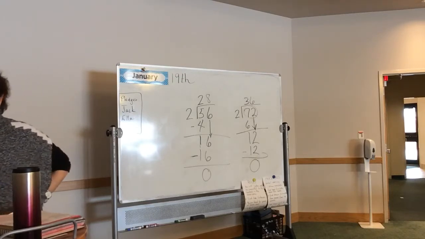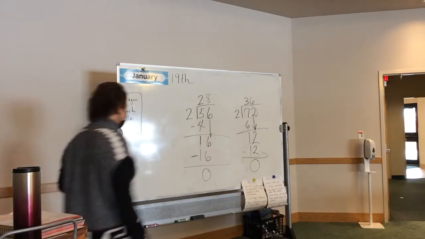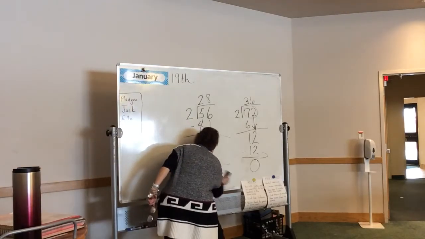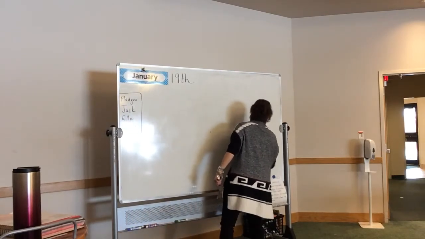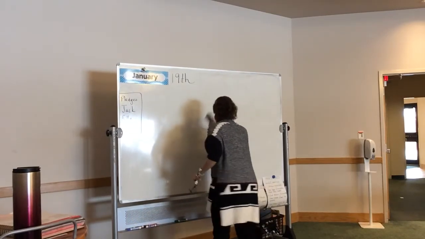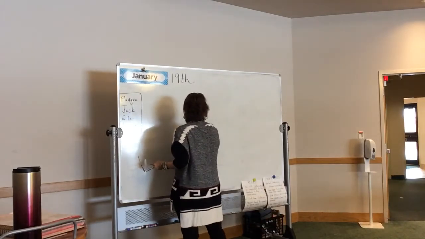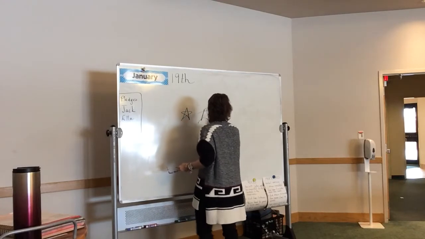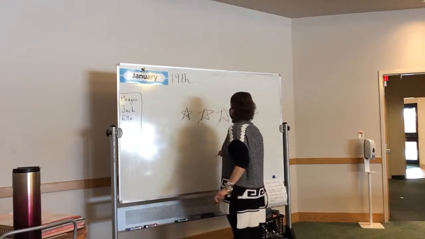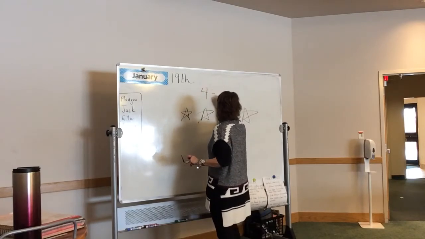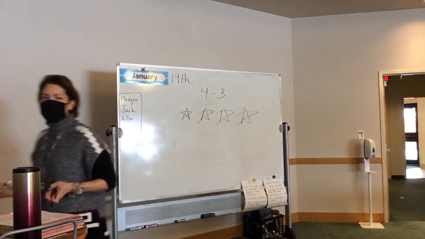You're doing in sections of 3, which means you're only going to have one line. One, 2, 3, 4. Where are we going to put the line?